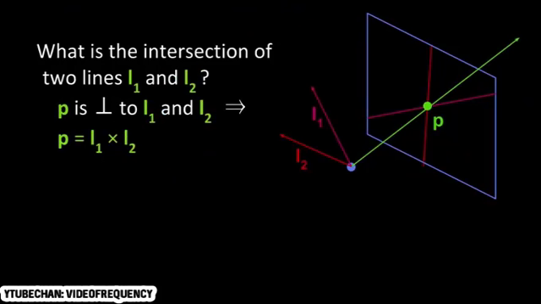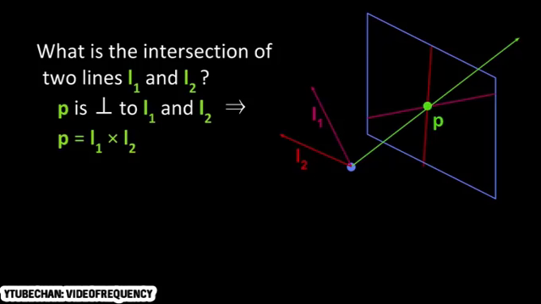What is the intersection of 2 lines? Okay, so remember now, I've got a line L1 and L2, and remember that they're actually planes, and what I'm showing you here are the lines that are made up of the planes, where the planes intersect the image plane. So the L1 plane gives you this, the L2 plane gives you that.